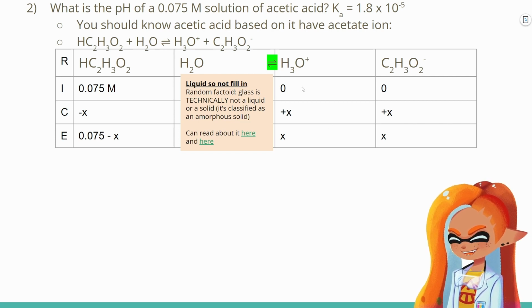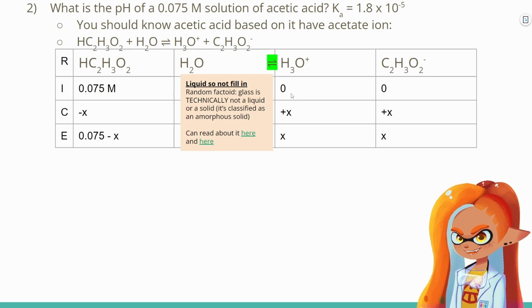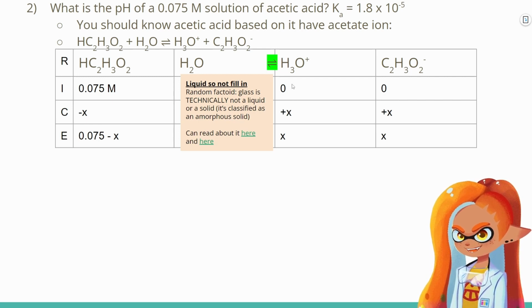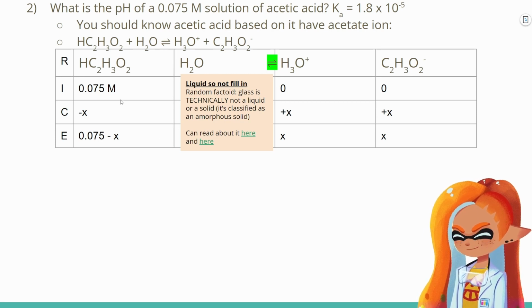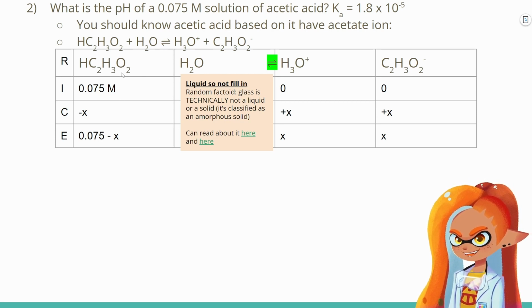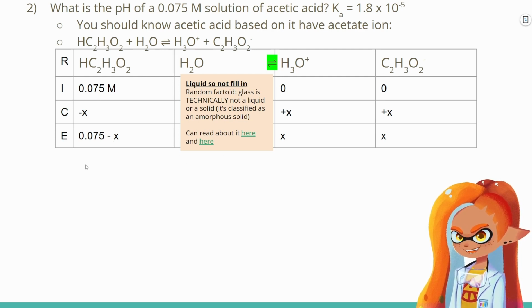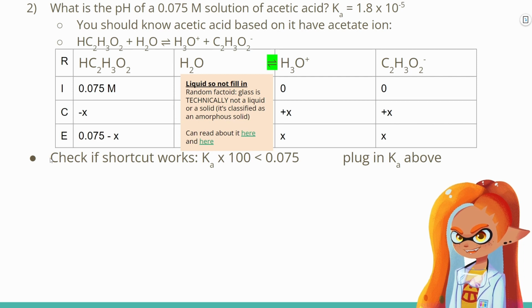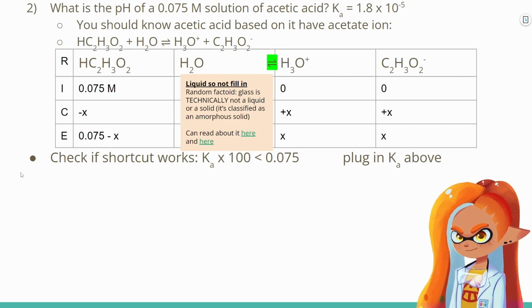We don't know how much equilibrium is going to happen right now, and that's why it's X. We started at nothing, and we have to see how much equilibrium action is going to happen. We have the original solution of this, and we're going to see how much is going to be used up in order to make products. Just like with the previous unit, can I do the shortcut?